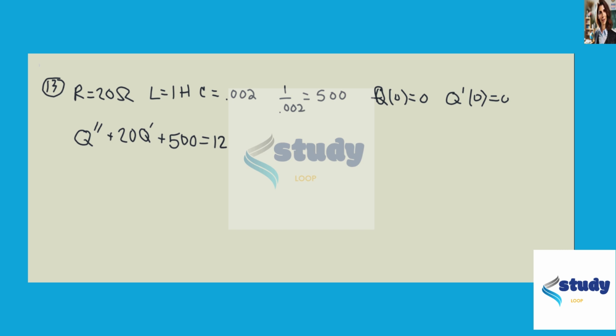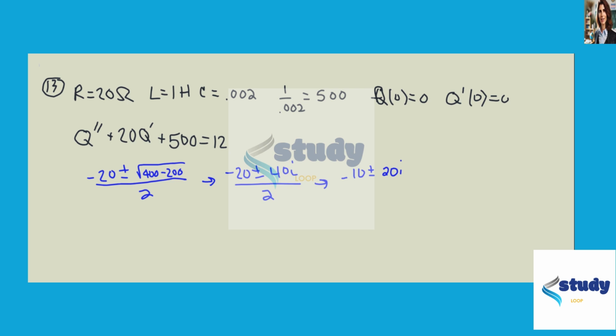I have negative 20 plus or minus the square root of 400 minus 2,000, divided by 2, which gives me negative 20 plus or minus 40i over 2, which gives me negative 10 plus or minus 20i.